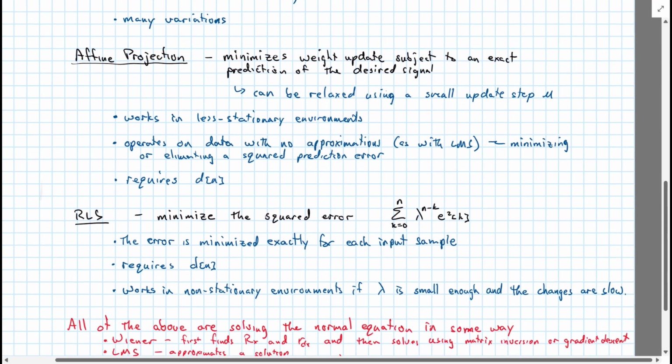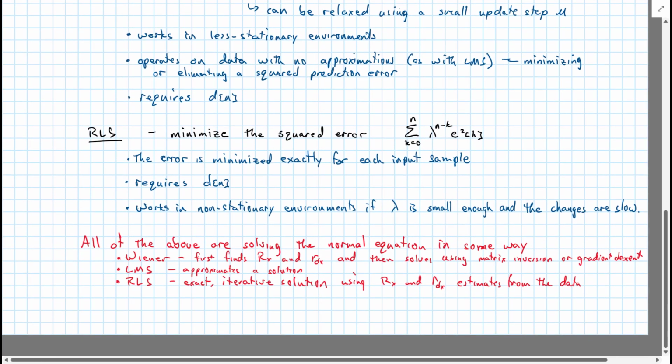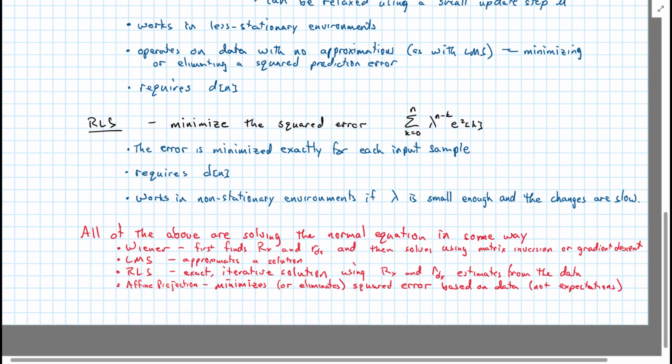The furthest from this family really is the affine projection, which is minimizing the squared error, but with other constraints. The most important part about the affine projection is that, like the RLS, it is minimizing squared error based on the data and not based on expectations.